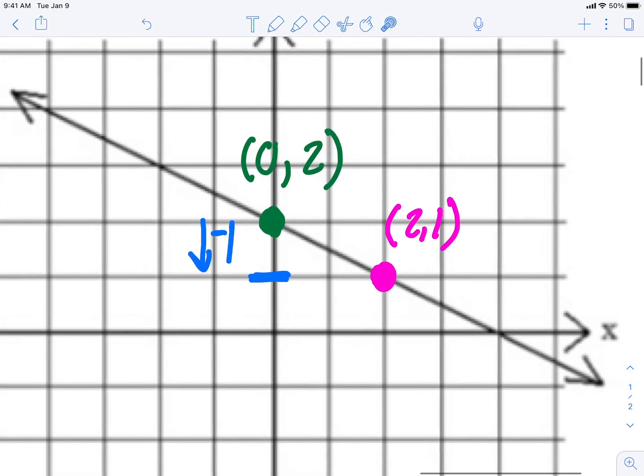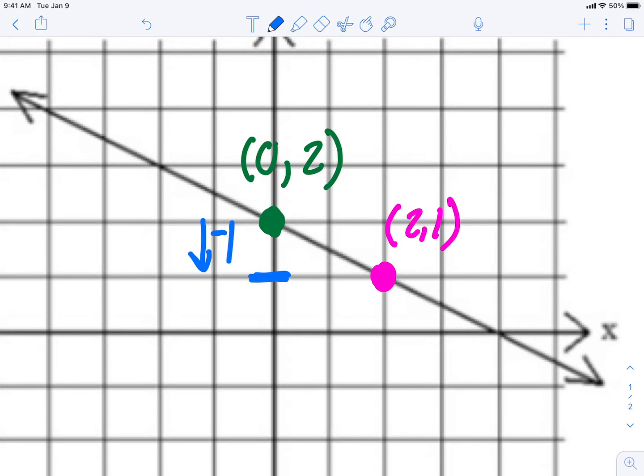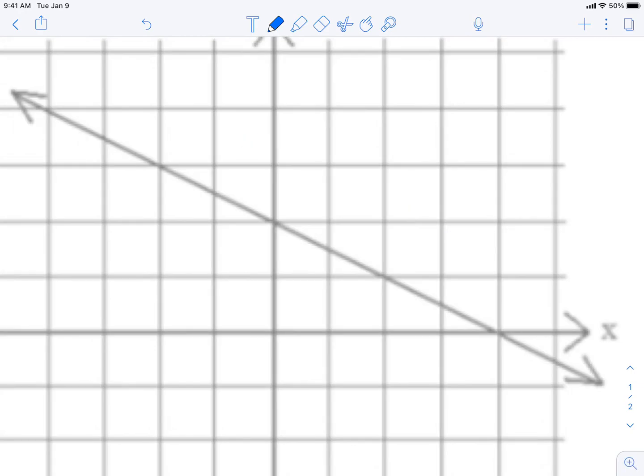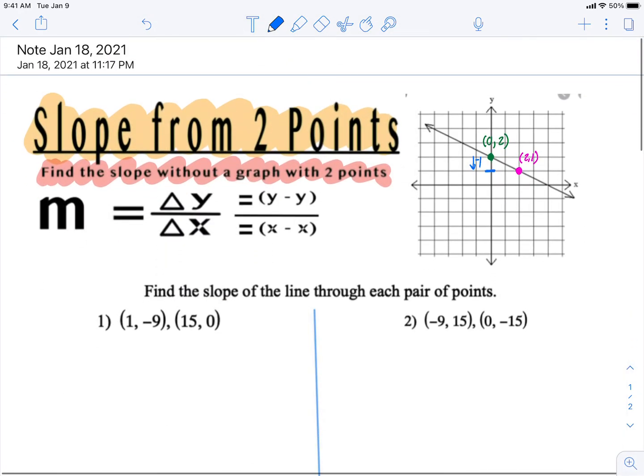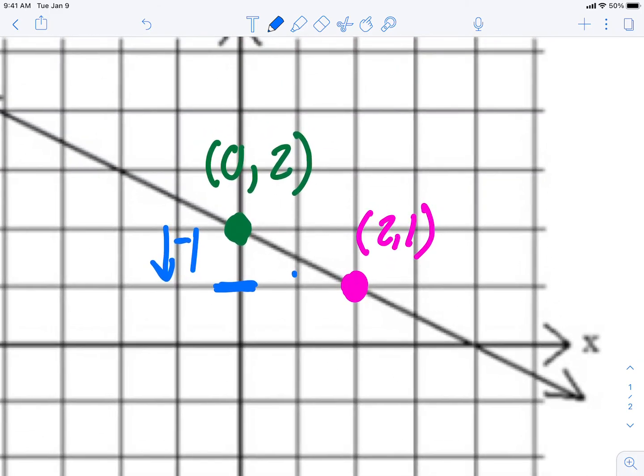Then to get from here to here, I went to the right 1, 2. Sorry, everyone, glitching. To the right means +2.